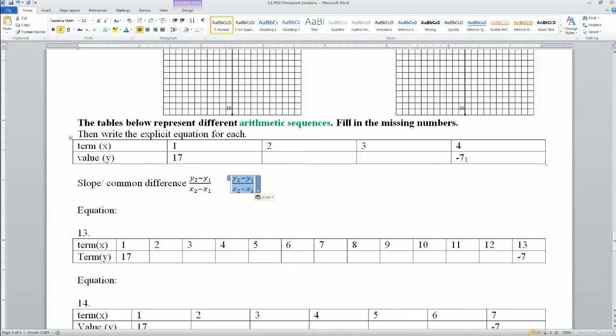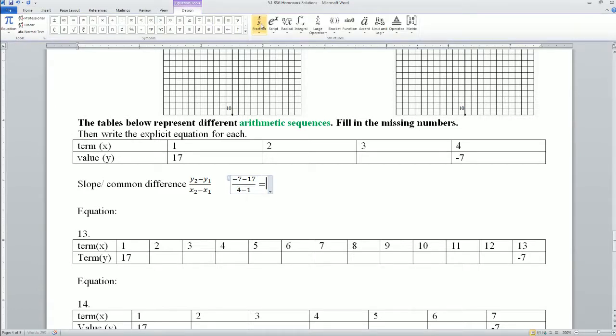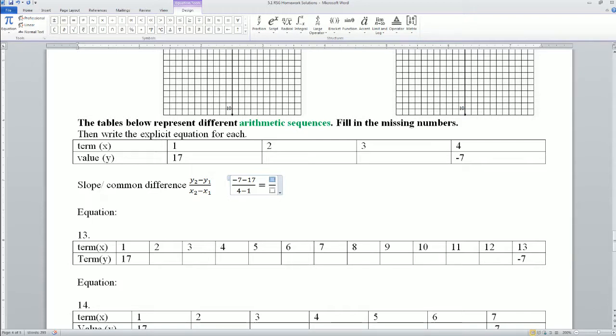So what's y2? y2 is -7 minus 17. x2 is 4, and minus x1, which is 1. We can simplify that. So we have here -7 minus 17.